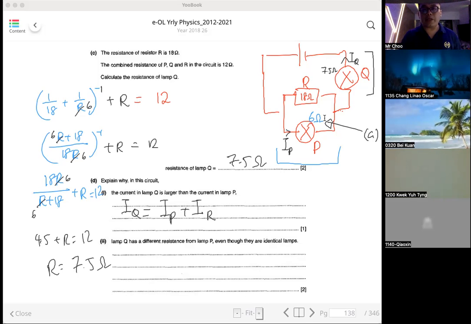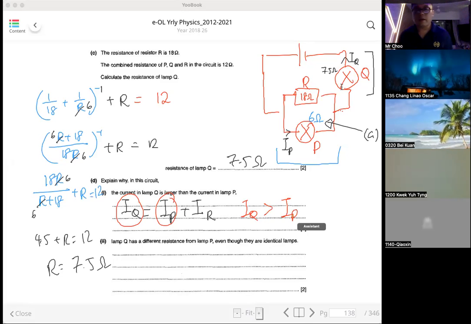The reason was, can you see here? IQ is greater than IP. The current going through Q is greater than the current going through P. So why do we have different resistance?